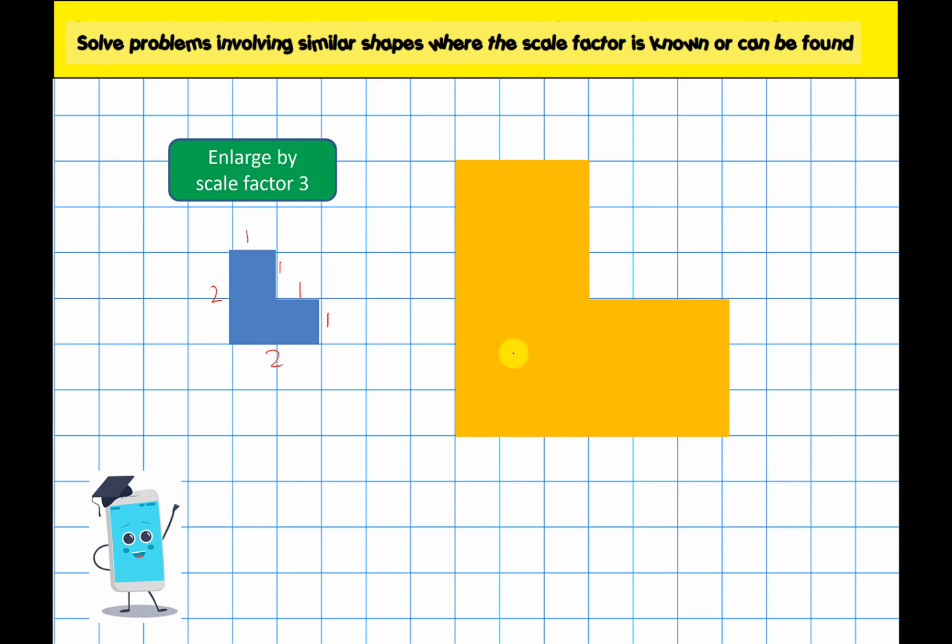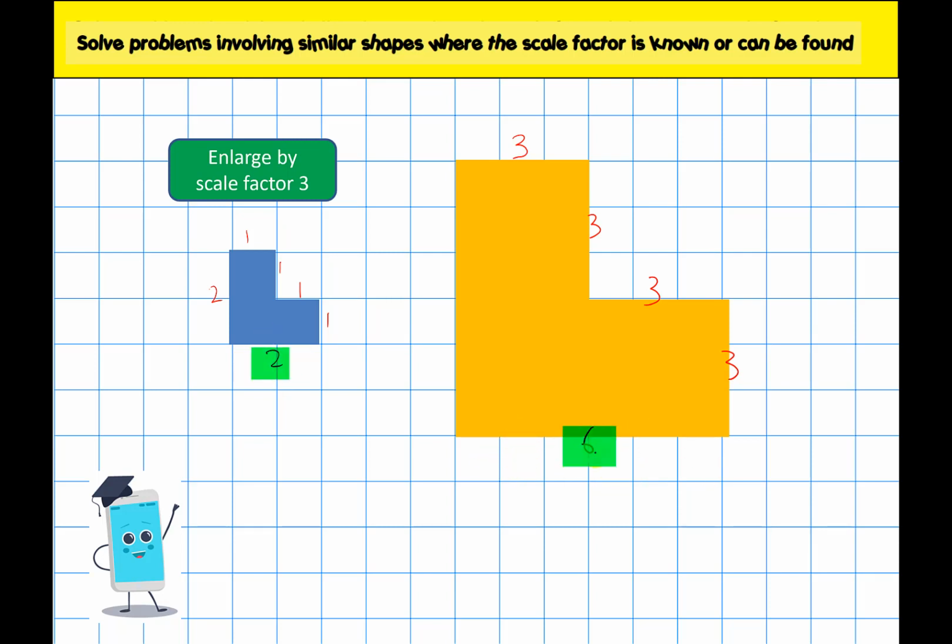So you can see in this shape, if I go to each side, this is 3 times larger than this. This is 3 times larger than this. This is 3 times larger than this. This is 3 times larger than this. And then this, which was 2, is now 1, 2, 3, 4, 5, 6.